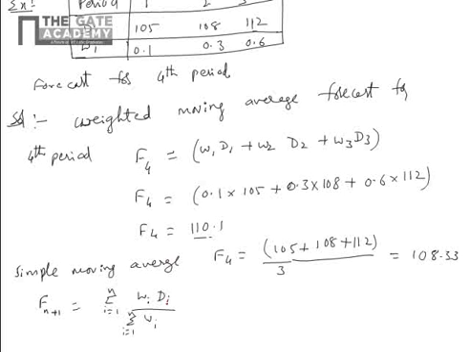Even in the above formula, if you apply this, sigma wi equals 1, so that's why the denominator is 1. We have taken the sum of all the weights equal to 1, so the forecast F4 equals w1 d1 plus w2 d2 plus w3 d3 divided by 1.